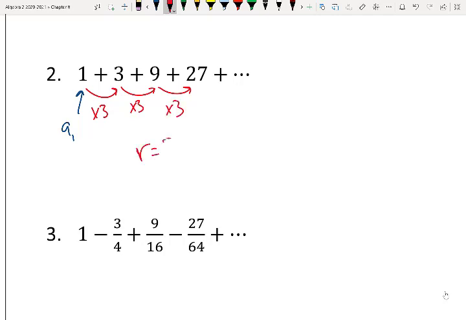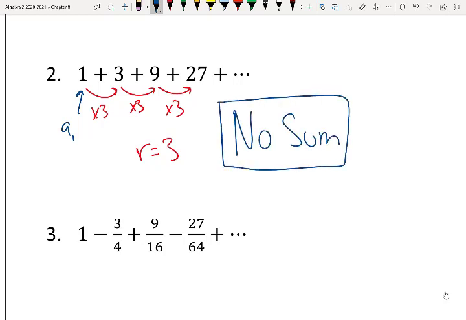Since my r value is 3, that's bigger than 1. You can see my numbers keep getting bigger and bigger. That means this series has no sum. We can't find a sum because my numbers keep getting bigger instead of getting smaller. So they don't converge on a value, they just keep going on into infinity.